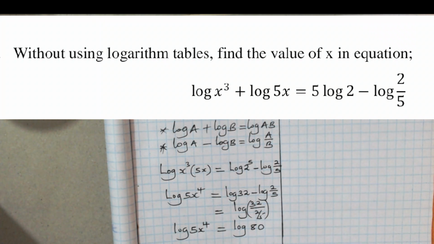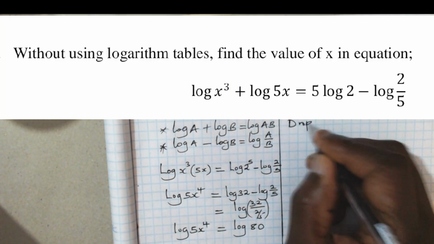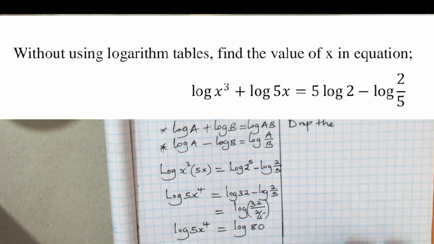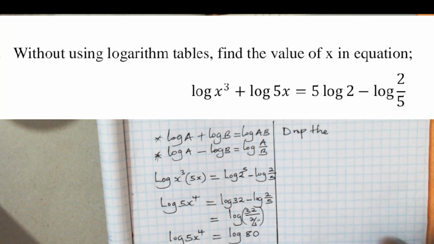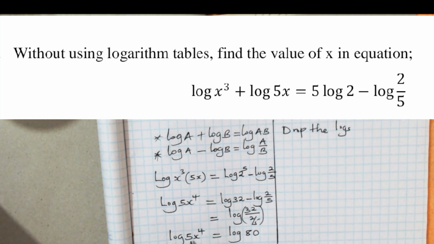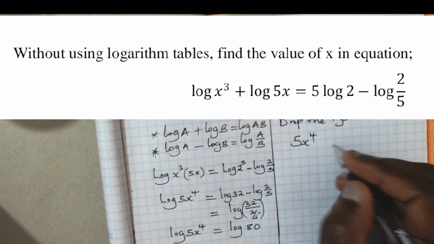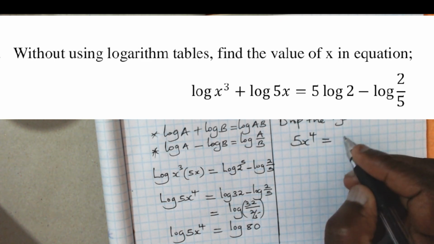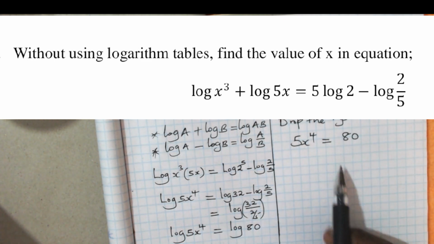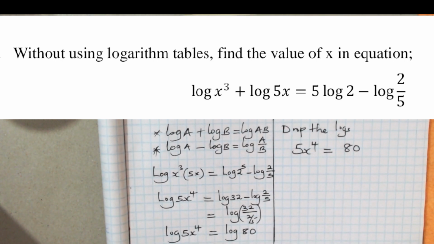Now from here you can drop the logs on both sides, such that you'll have 5x raised to power 4 is equal to 80. Now from here you'll be able to solve for x easily.